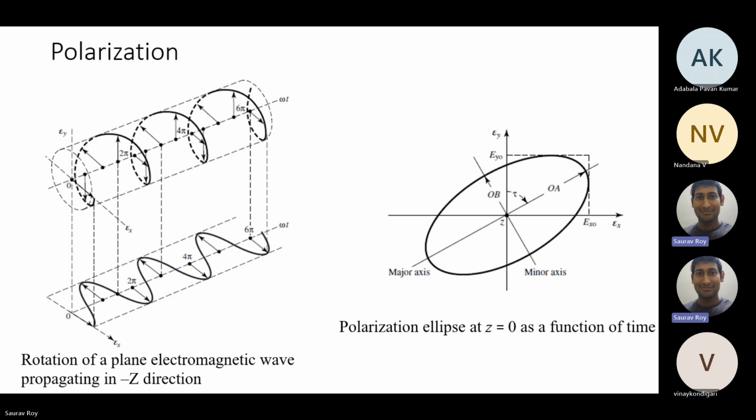Omega t is basically the propagation, the direction perpendicular to the fields, the wave propagation direction. And EY and EX are the electric field. If the wave has electric field in both the Y and X axes, then what will happen? It is really plotting the electric field vector components, both EY and EX.